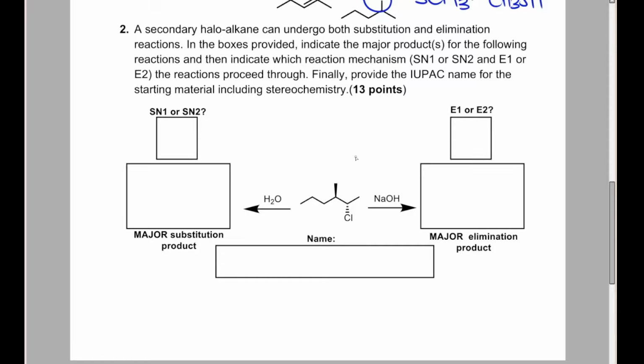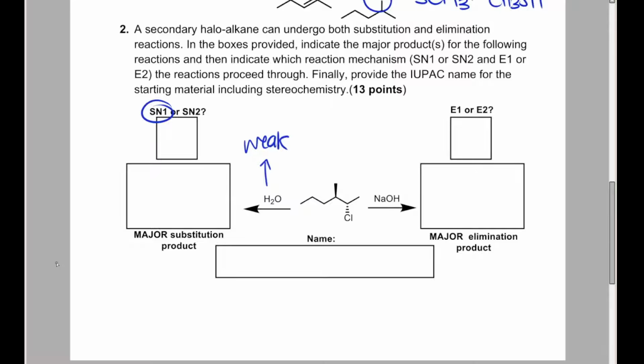So we're going to start with the reaction with water, and we know that water is a weak nucleophile. So that's going to be characteristic of an SN1 reaction, because remember that SN1 and E1 are associated with weak reagents, whereas SN2 and E2 reactions are associated with strong reagents.